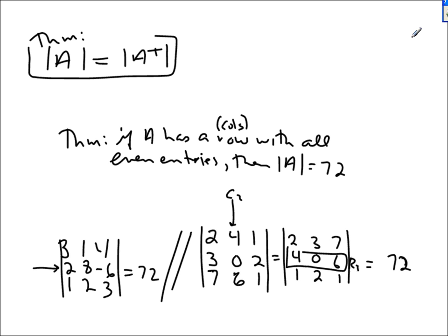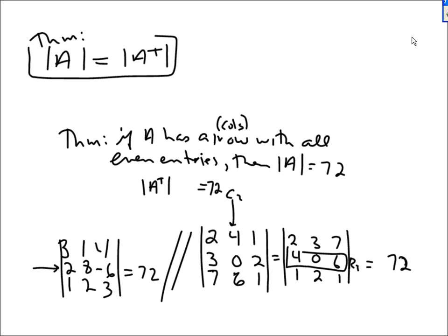If A has a row with all even entries, then the determinant of A is always 72. Well, if A has a column with all even entries, then the determinant of A will be 72. Why? Because the determinant of A transpose is 72.